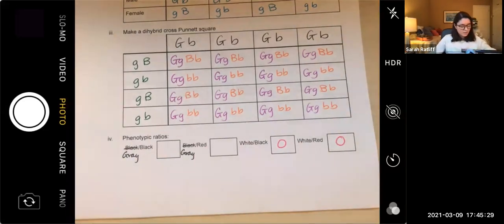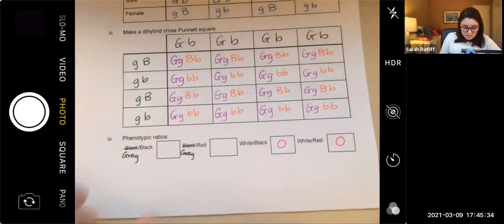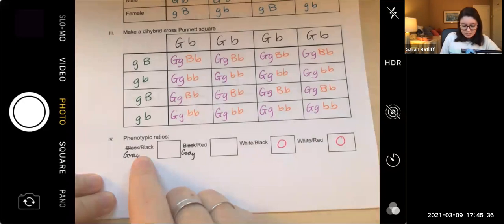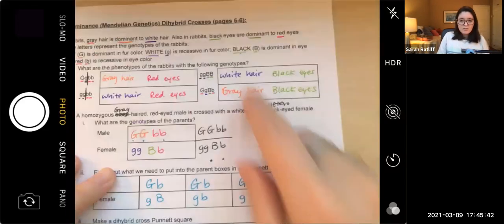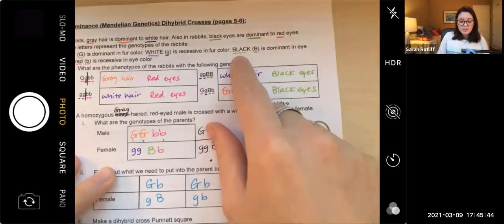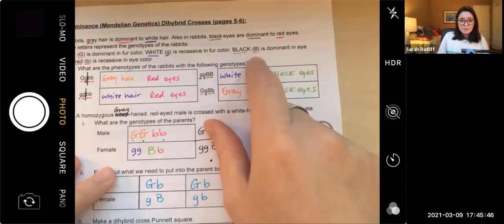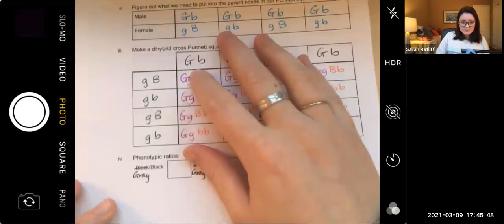Let's take a look. Let's use some colors here. How about yellow and blue? Yellow and blue. All right. So gray for black eyes. Black eyes are dominant. So wherever we see a big B, that rabbit will have a black eye color.